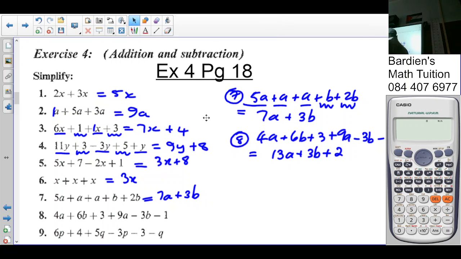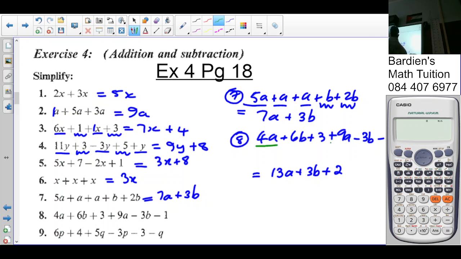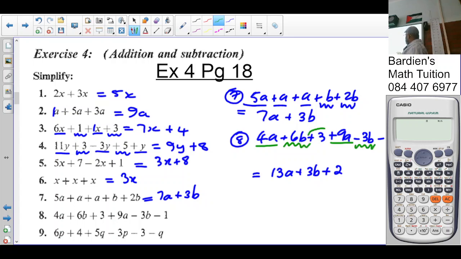You must remember, if you group like terms, 4a and 9a are like terms, not so? 6b and minus 3b, 3 and negative 1, those are like terms. You know that? Well, I did know that, I just didn't write it. Or what you could have done, and you made an error before here, no? In this exercise. Was this the first mistake you made? Okay, it's fine. We'll check now.